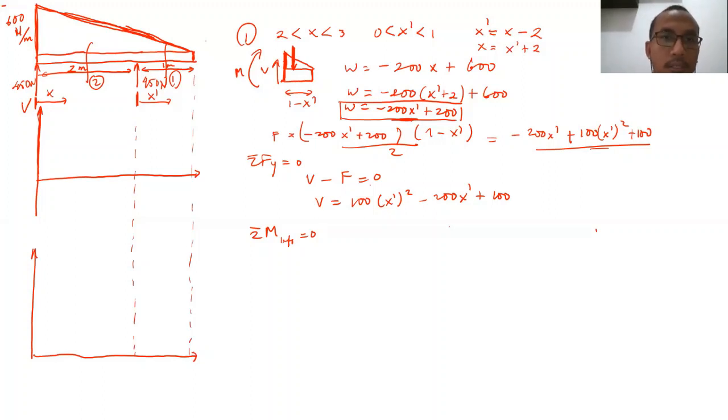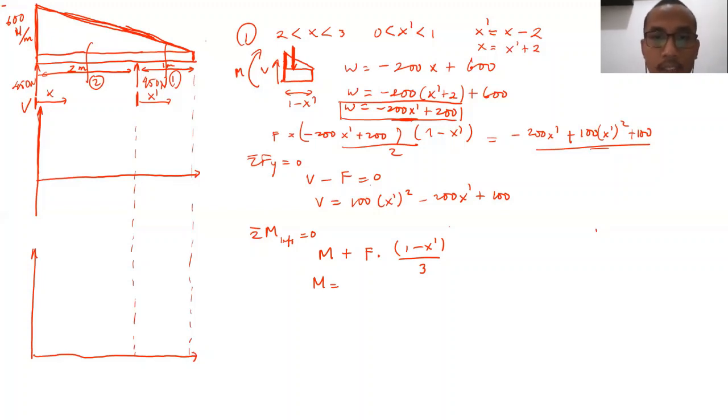In this case, if clockwise is positive, moment plus F multiplied by 1/3 of the length, so 1 minus x action divided by 3. So our moment equation will be minus F multiplied by 1/3 of the length.